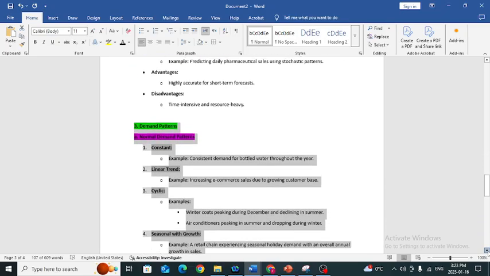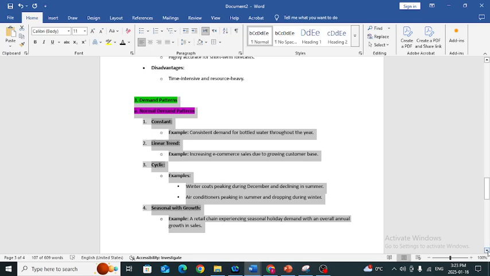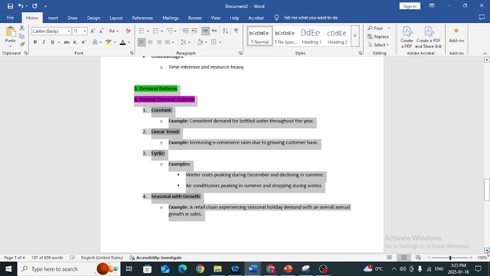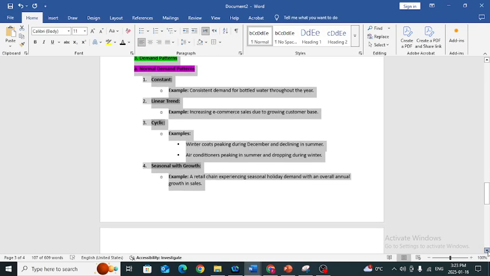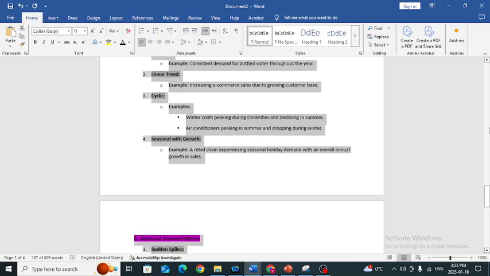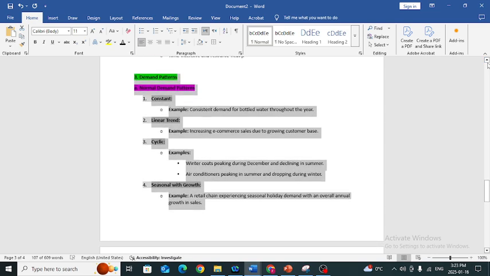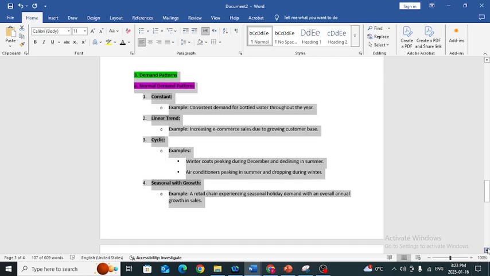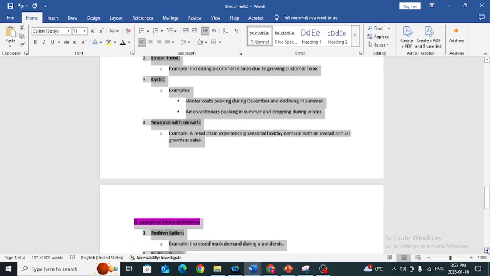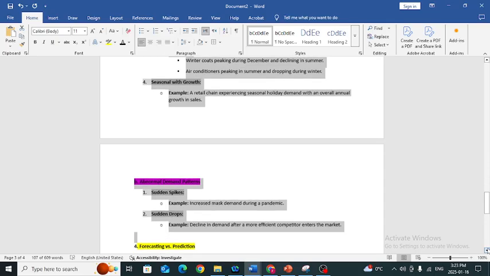So the next one is the demand pattern. For the demand pattern, we can say there is the normal demand pattern, and the next one is the abnormal demand pattern.